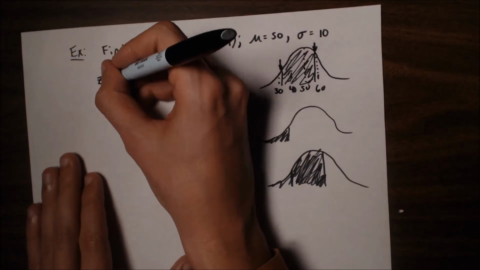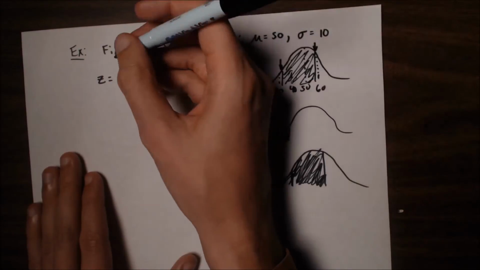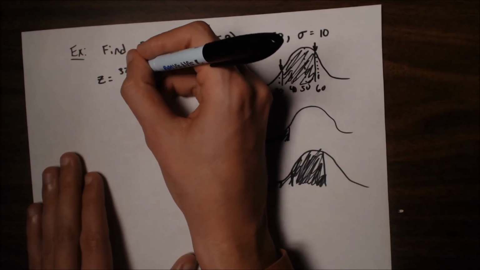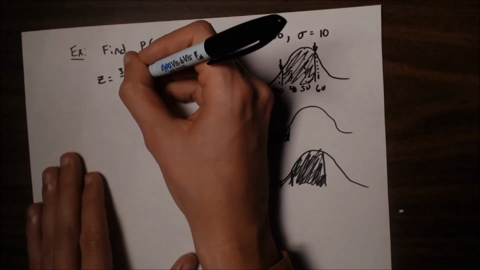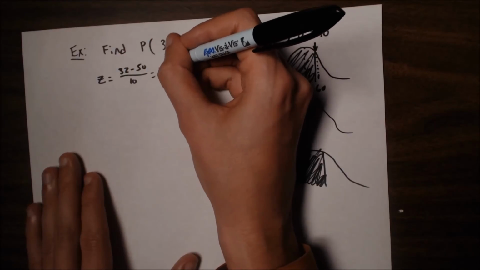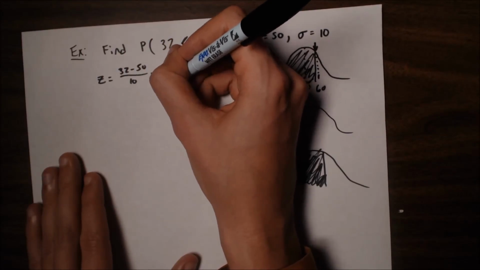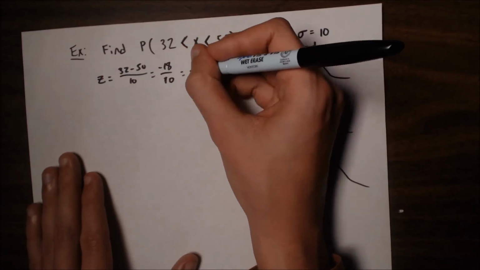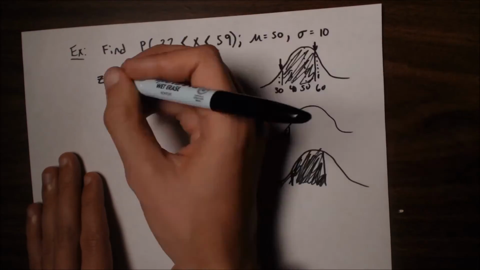One of the z-scores is going to be, I'll start with the left, 32 minus 50 over 10. That's negative 18 over 10, which is negative 1.8.